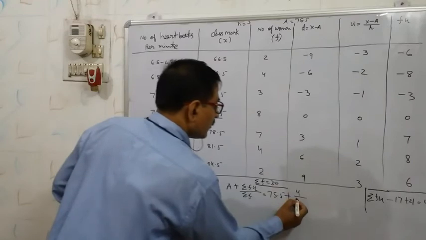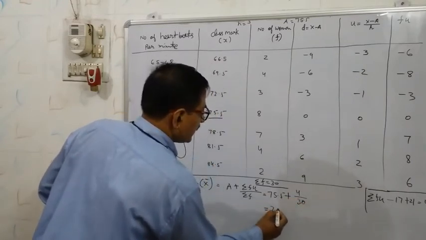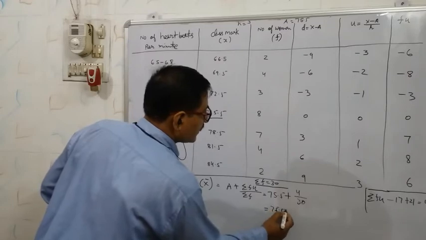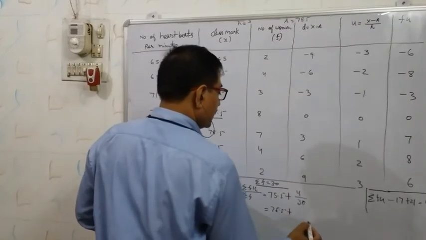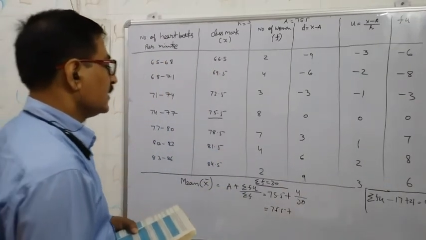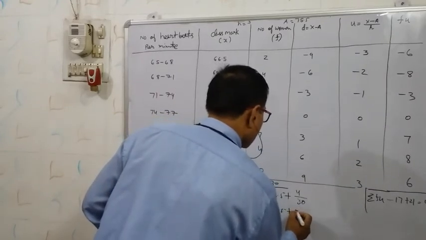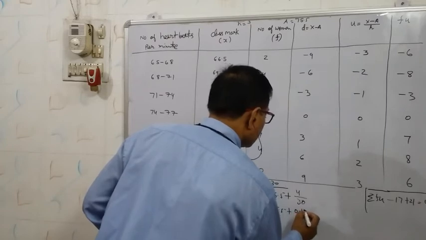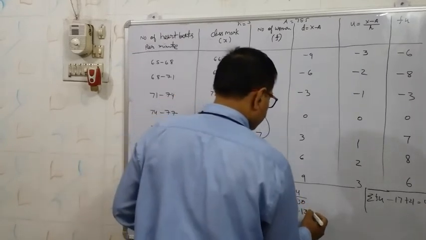Now divide 4 by 30. So this will come 75.5 plus 4 by 30. 4 by 30 comes to 0.13 something.